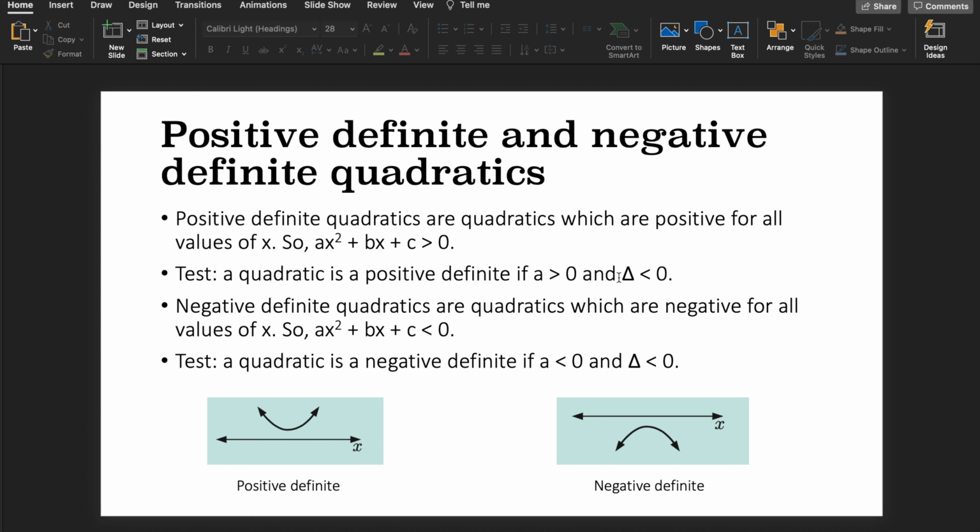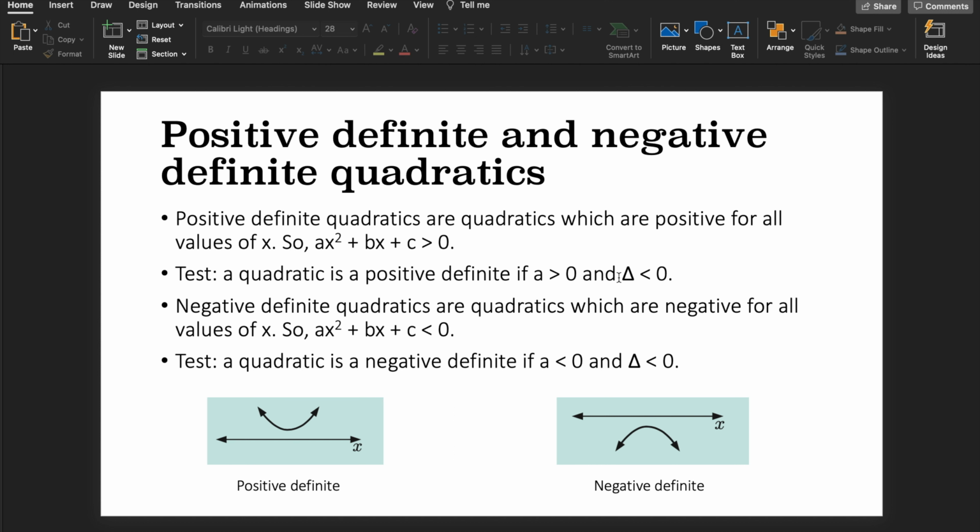Similarly, negative definite quadratics are quadratics which are negative for all values of x. So ax squared plus bx plus c would be less than 0. Similar to the positive definite quadratics, you could do a test to see if it's negative definite. All you need to do is check if a is less than 0. If a is less than 0, we know that it's a downward opening parabola.